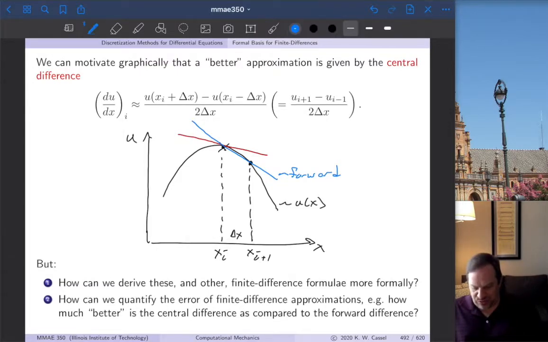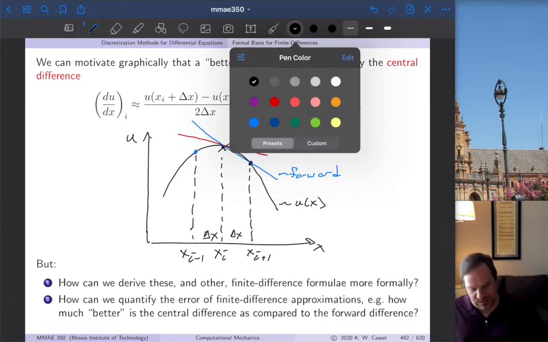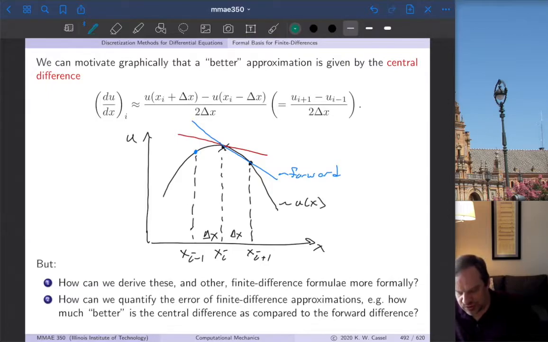Just looking at this graphically, it's not hard to see a better approach: let's choose another point to the left. This would be x sub i minus 1, a delta x to the left. If we did, let's do it like this. That was supposed to be a straight line.